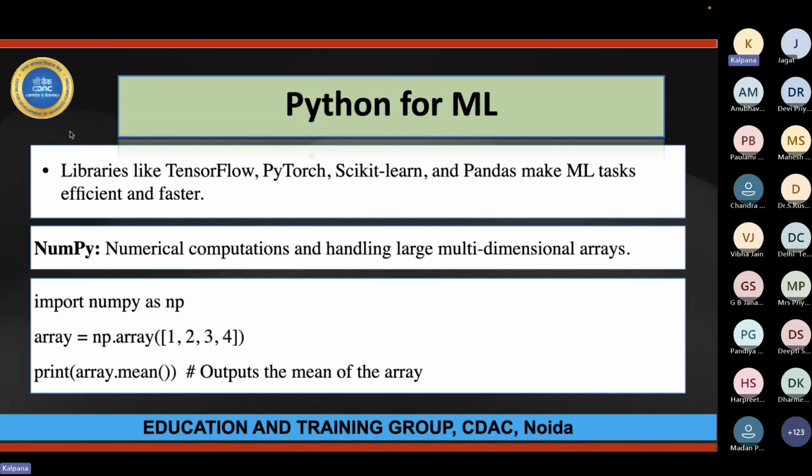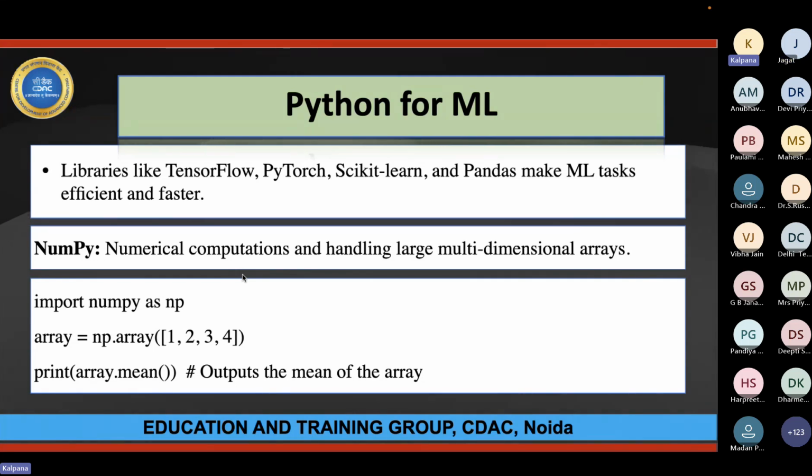If you have a lot of data with many dimensions, NumPy is the solution. It is very easy to create an array. Here it has been created, and you can use certain methods, but you will have to study NumPy and learn some common methods in order to use it.